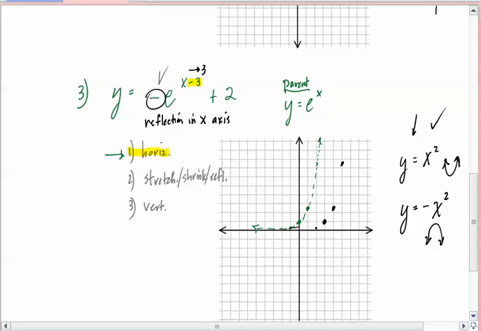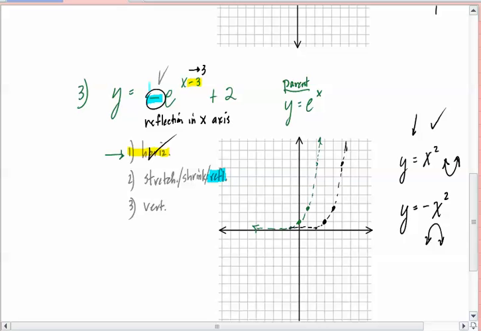So now there's my, sorry, I'm using black. I meant to use green, but we're fine. Okay, so there's my adjusted horizontal, check. You notice that the next one is going to be a stretch, shrink, or reflection, and in these we're not going to do any stretching or shrinking, so the reflection is going to be next.